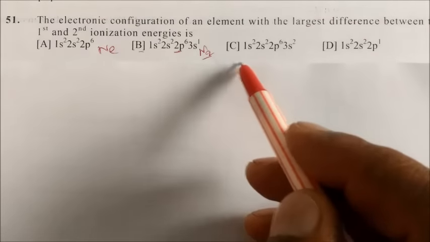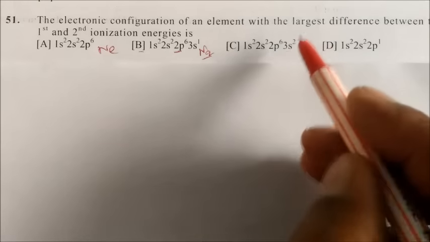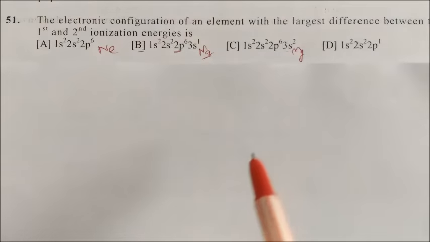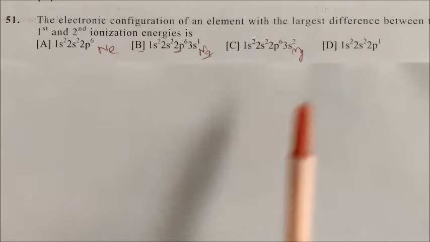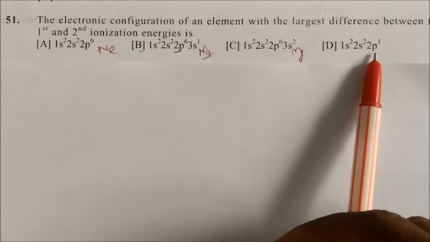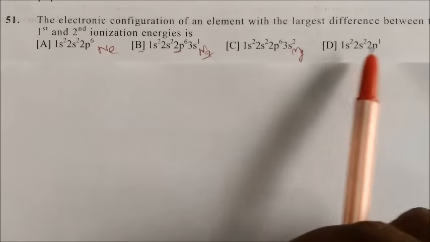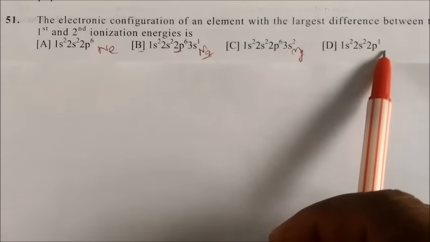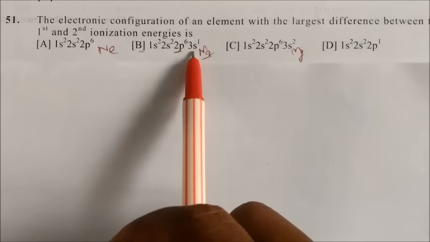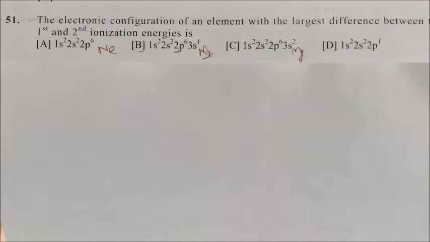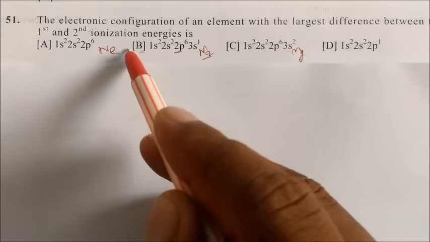In this case, this is just for magnesium. The first energy will be a little high, but the second will be again low. In this case, again the first will be very high, and the second is from the 2s2. They belong to the same subshell, so the difference will be very less. So this is from the third shell, and this is from the second. So definitely the energy difference between these will be very, very high. So in this case, the answer will be B.